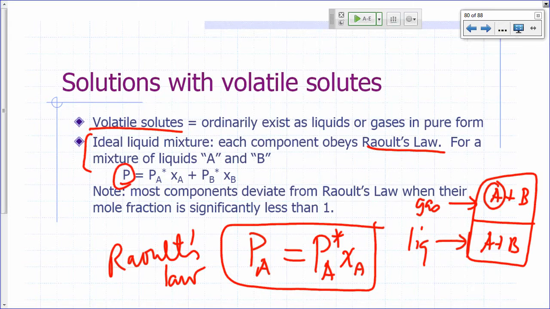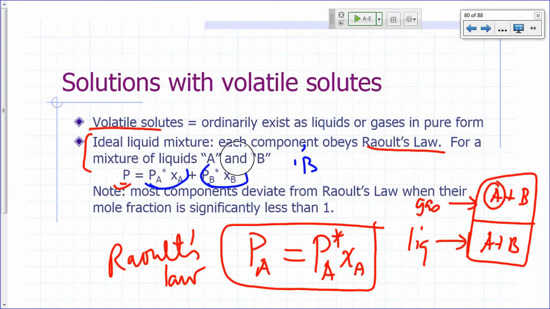So the total pressure above your liquid that will be in equilibrium with your liquid is just the sum of the partial pressure of A plus the partial pressure of B. So you can see P star B times X of B, that's the partial pressure of B, and P star A times mole fraction of A is the partial pressure of A. Okay, so that's what we would expect if we have what's called an ideal solution, an ideal mixture of two liquids where both components of your mixture obey Raoult's law.